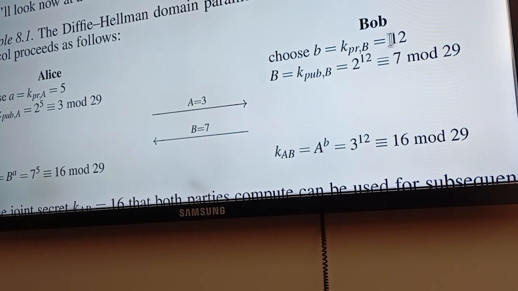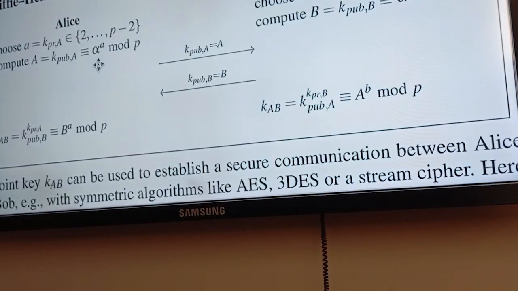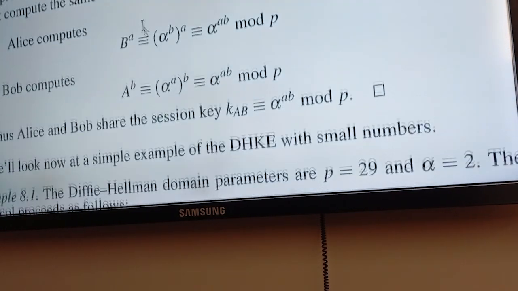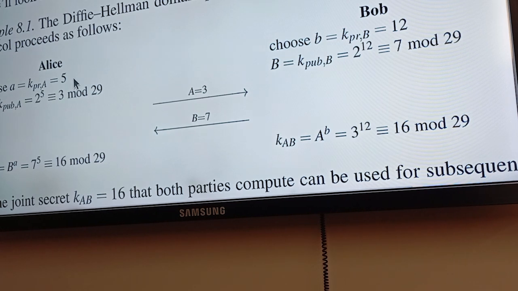You can see that 12 is not a prime number. We can recall that the set is from 2 through P minus 2. So even A can be 27, A can be 10. They are all elements of that set. We are taking note of P, so A can't be 30 or 29.